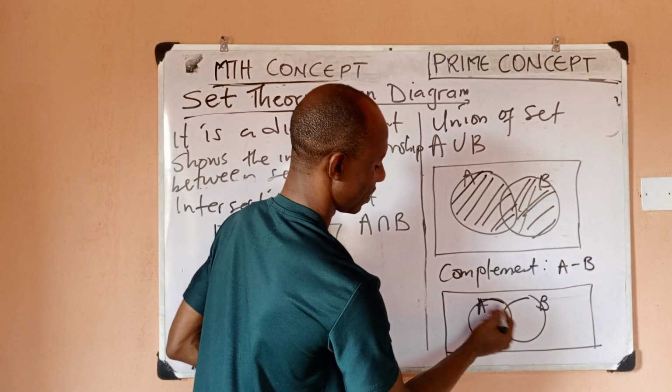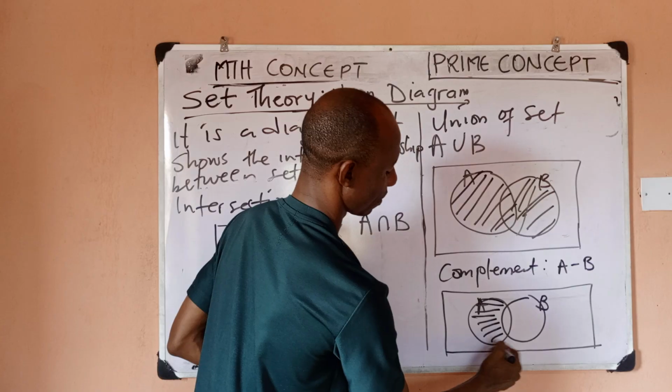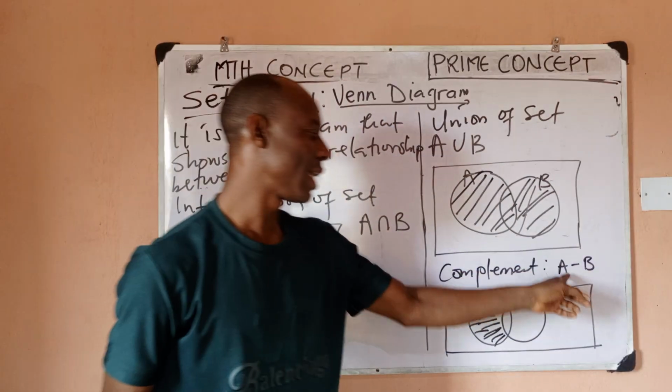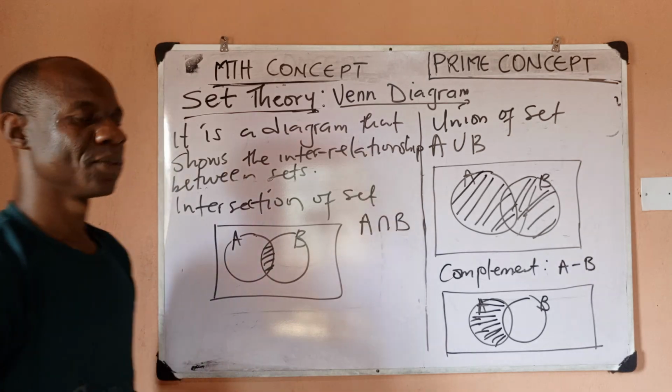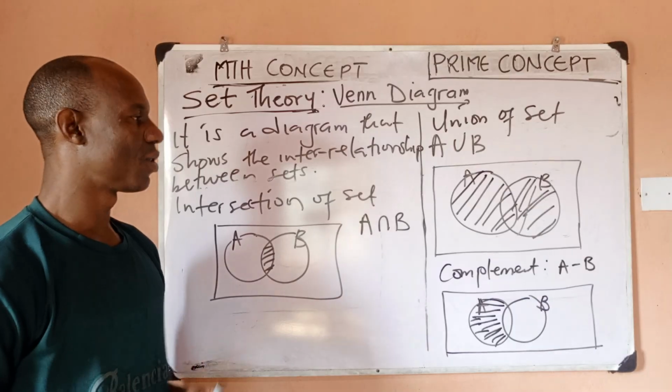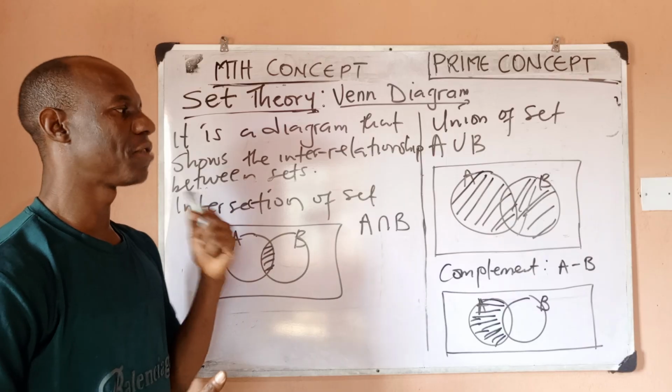So this is it, this part, this is what will be left in A. So this shaded part simply represents A difference what? B. So these are some basic relationships I would want you to understand about Venn diagram.